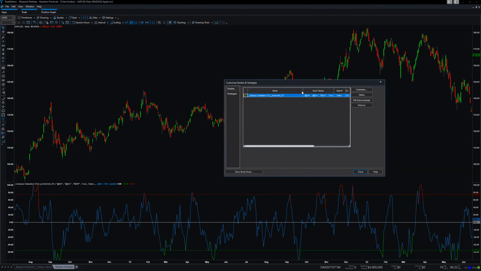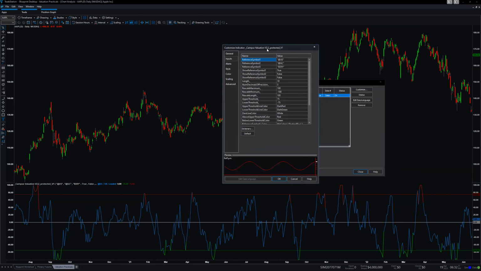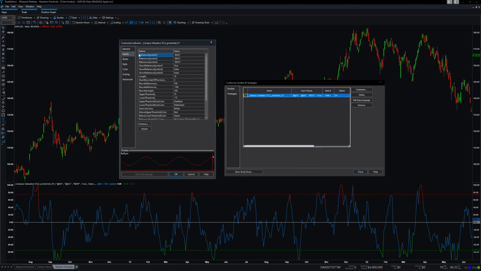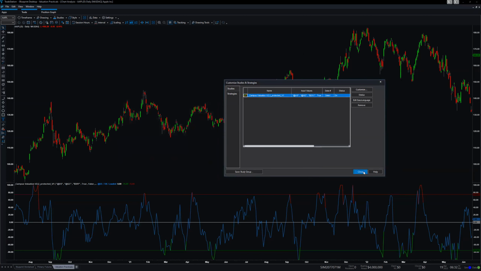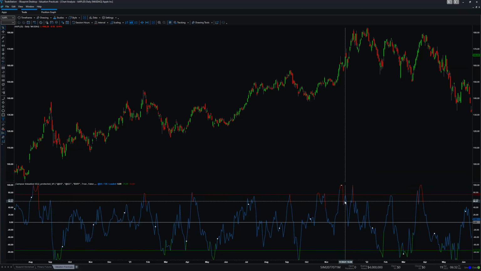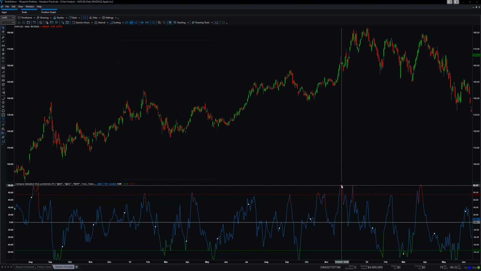Now, if I click on this one and I go to customize, now I'll also have the inputs customize window, just as I would get it if I just were to grab it and then double click it.